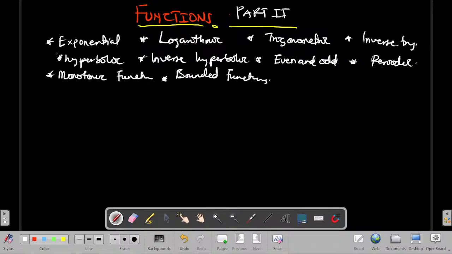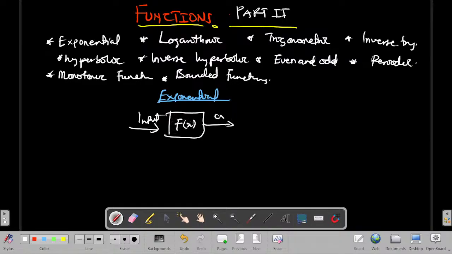But let's get straight to what we have today. So in our previous lesson, I explained what a function is. A function is simply any piece of instruction, or a black box which takes an input, and within the function itself, which is the black box f of x, it gives an output which we are interested in.